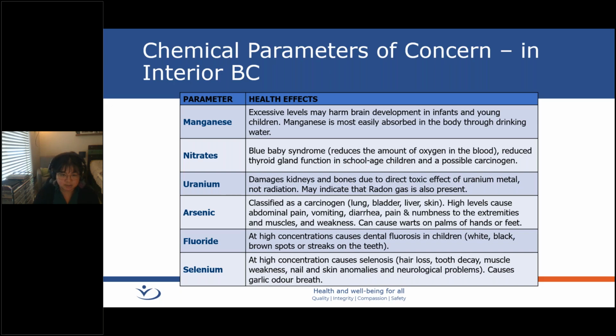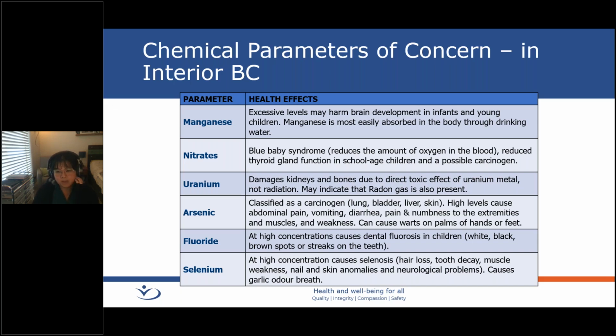It causes selenosis, so hair loss, tooth decay, muscle weakness, nail and skin anomalies, and neurological problems, and can cause garlic odor breath. So if there is a parameter of concern, you will be required to test more frequently.